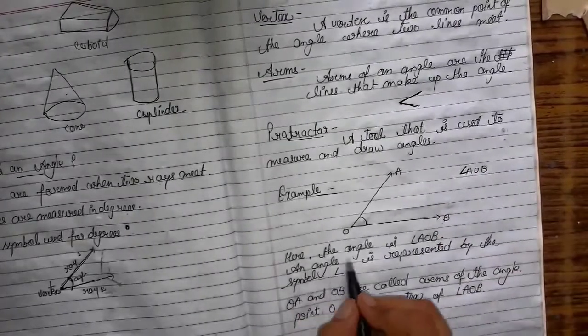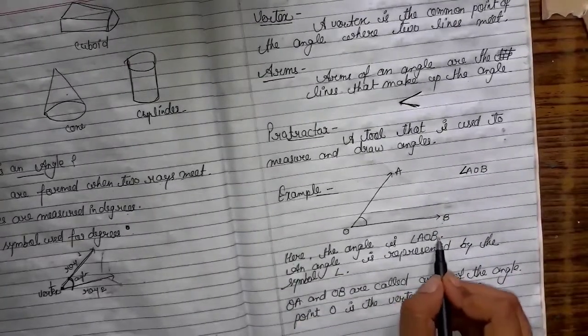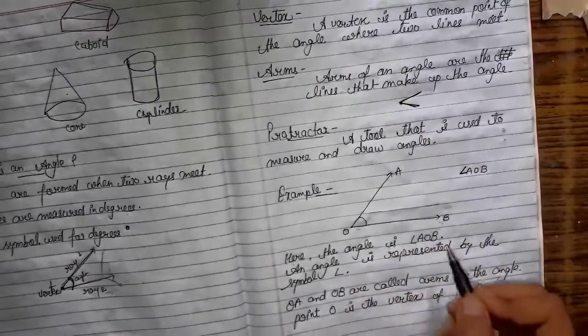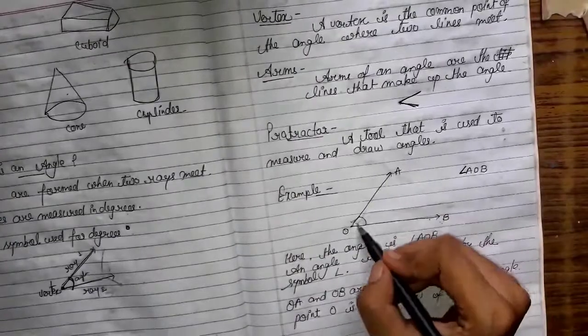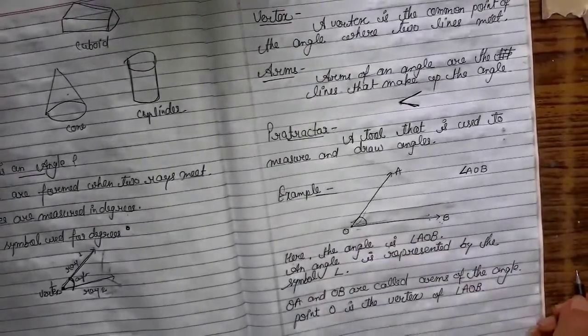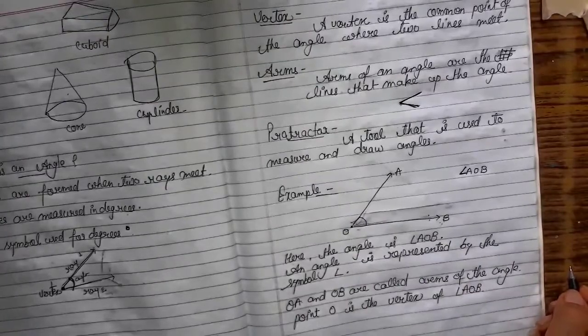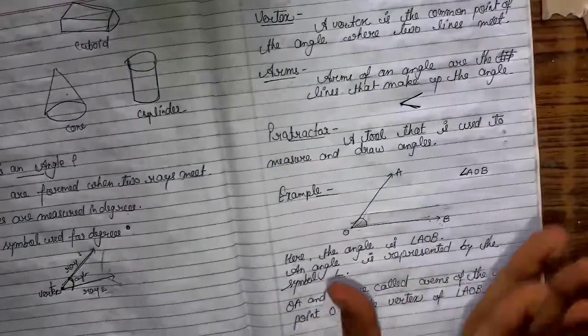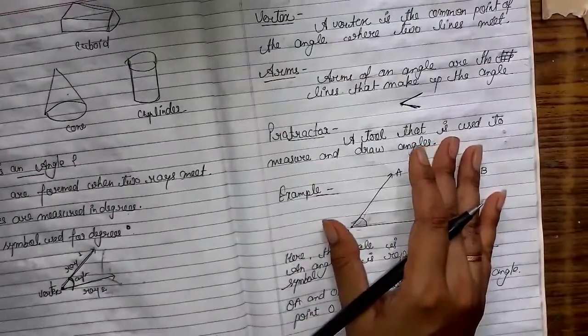Here the angle is angle AOB. OA and OB are called arms of the angle, and point O is the vertex. As we studied here, this example cleared all the terms.